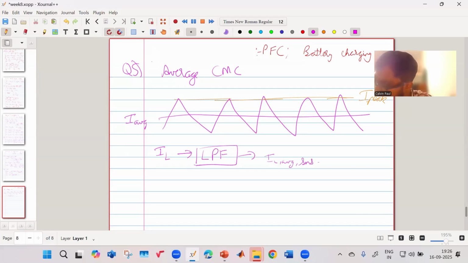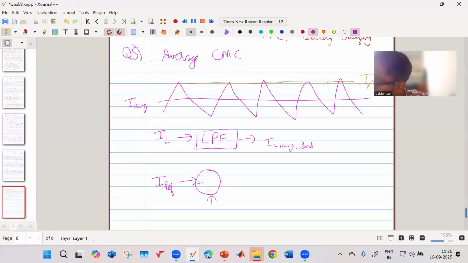Okay. So you have your reference average current which you want, that you subtract from your IL average sensed value, which you're getting through your low pass filter, which could be your current sense amplifier.